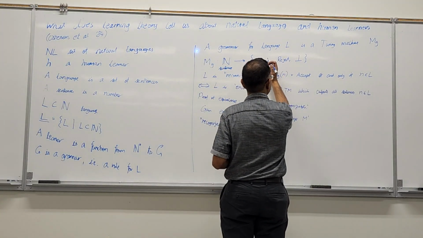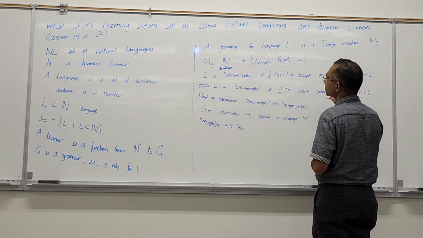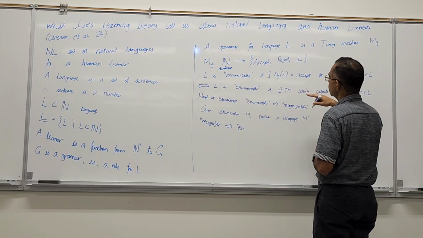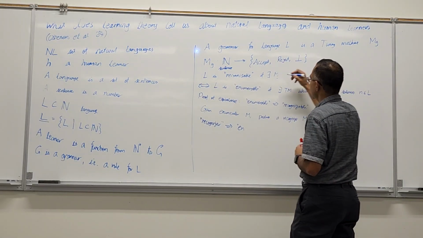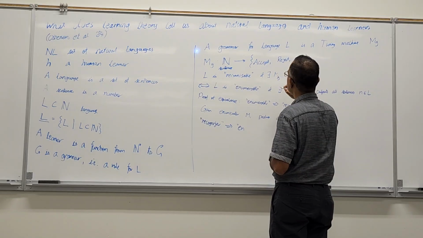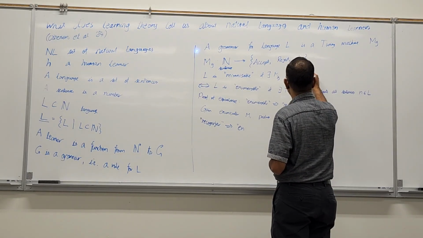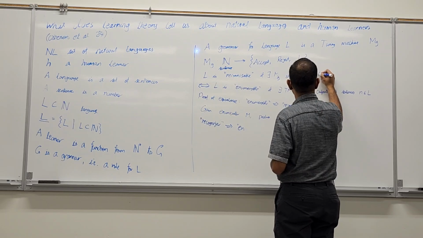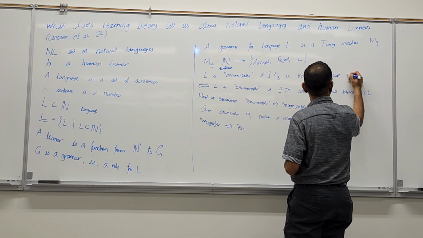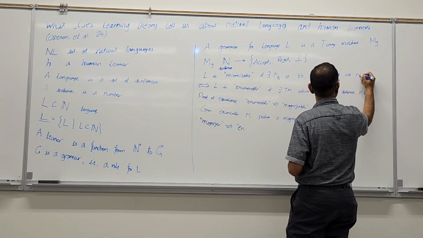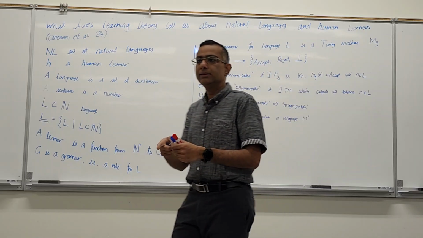Yeah, so I should say there exists an M_L such that for all n, M_L of n equals accept if and only if n is in L. Is it better? Yeah.